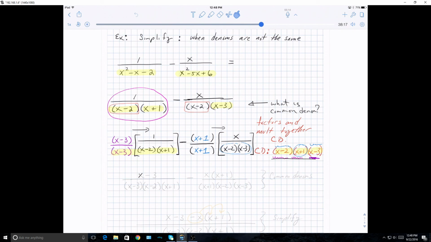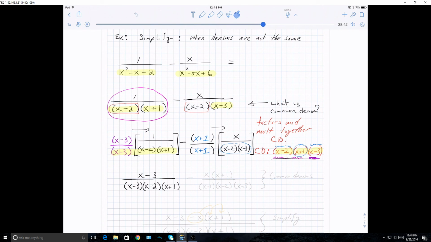So this would be the quantity x minus 3 all over, and I'm going to keep them separate for just a second, but hopefully you see that we can just combine them right away. And I'm not canceling them out because we want them here in this case.